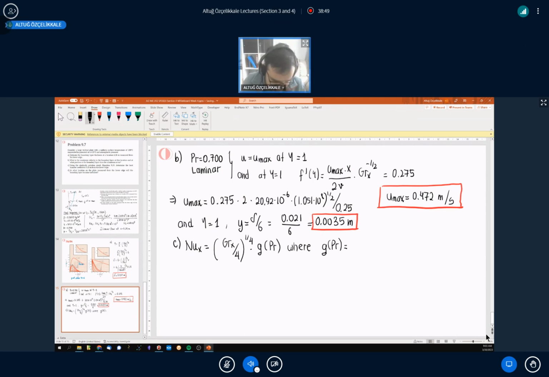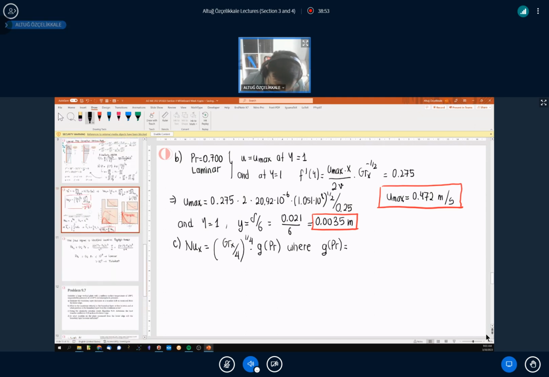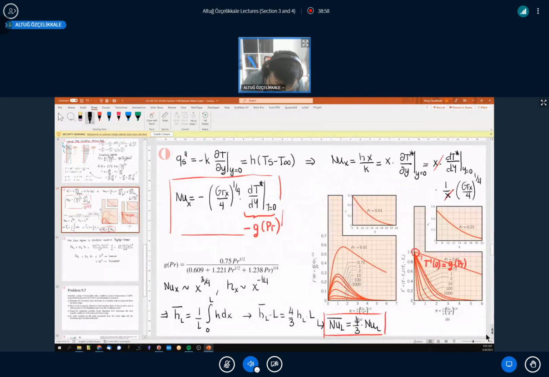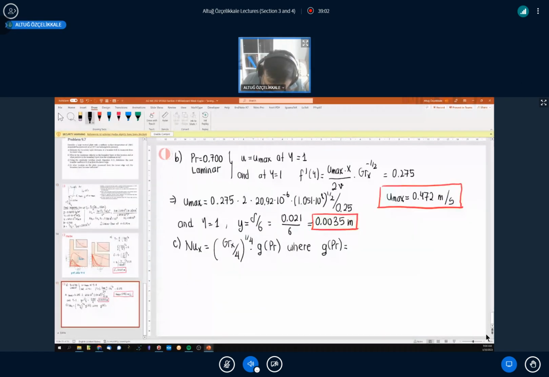We know that its description is right over here. I'm not going to write it down again. It's a lengthy expression. That's the description of the Prandtl number function G. And I will substitute the numbers.